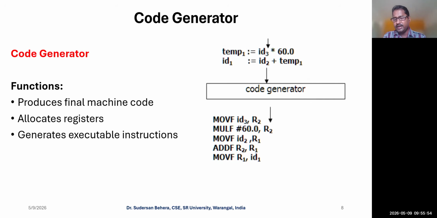Then the third line: MOVF id2, R1. R1 means a new register. Put id2 in R1, then add: add the value of R2 to R1. Whatever is present in R1 and what you already found in R2, add them and store the result again in R1.